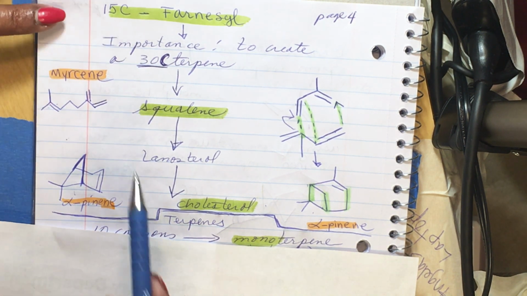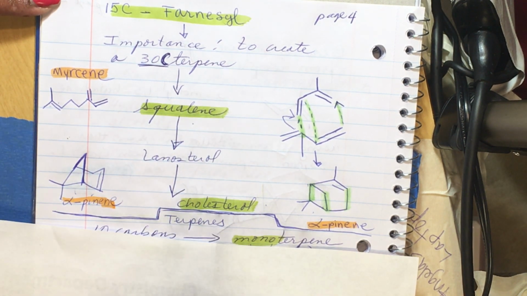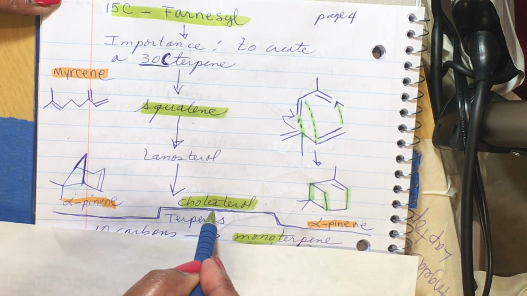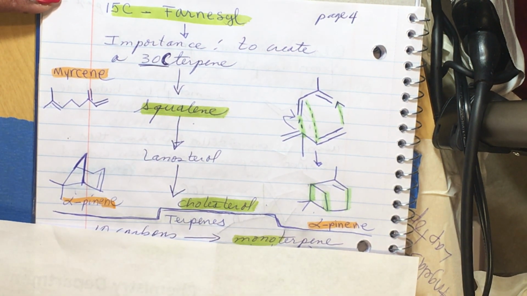Those 2 farnesyl units will be phosphorylated and are going to combine to form one that will contain 30 carbons, and that's called squalene. That is the precursor of the synthesis of cholesterol, and cholesterol is of extreme importance for us because it is one of those lipids that is going to be found in the membranes.